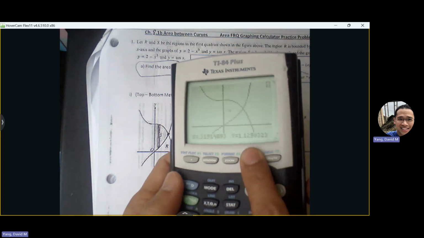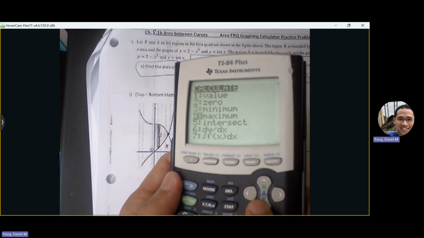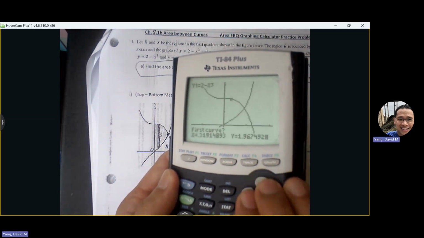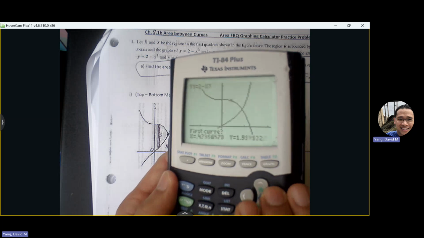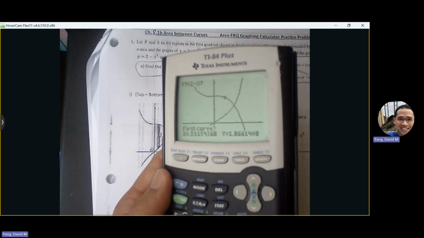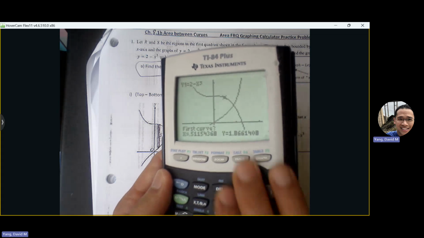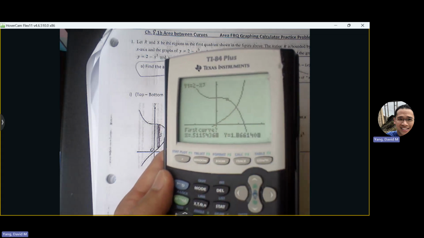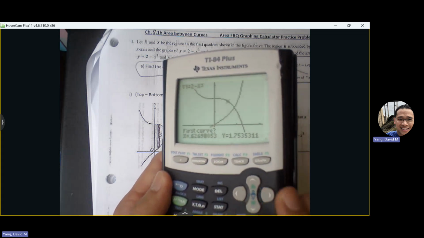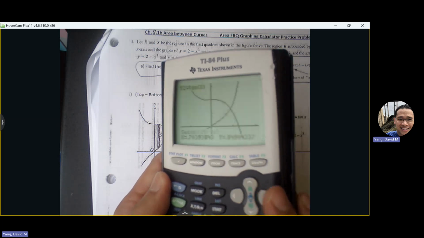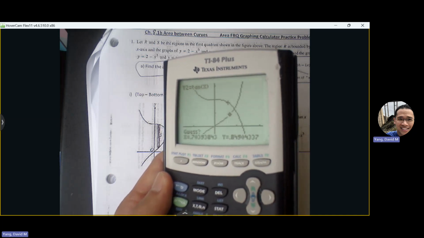So if I do second trace, intersect, I just have to indicate near my intersection to tell my calculator where to look. Don't put your cursor directly on the intersection. Go near it, hit enter, and then the cursor should jump to the other graph, hit enter again, and now the calculator will go and find the intersection for you.